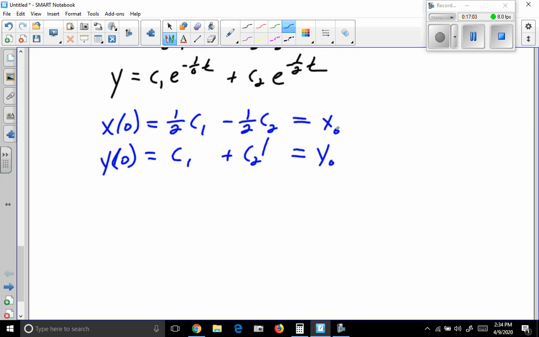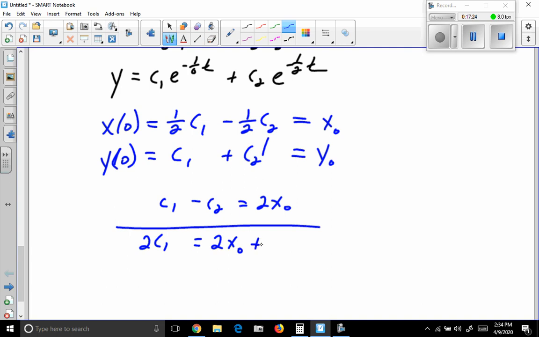If we double that top equation, we would get C1 minus C2 is 2x sub 0. If we add these two together, the C2s would cancel. We would get 2 C1 is 2x sub 0 plus y sub 0. If we divide by 2, C1 is (2x sub 0 plus y sub 0) over 2.